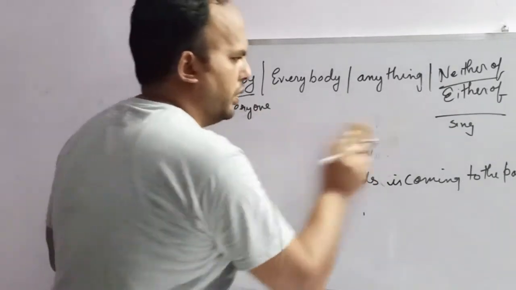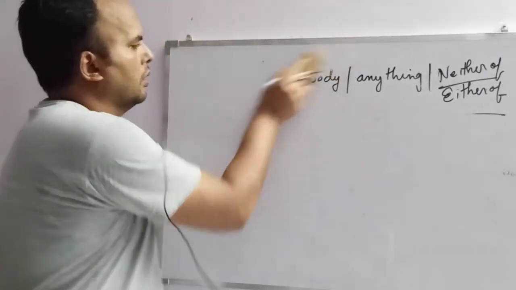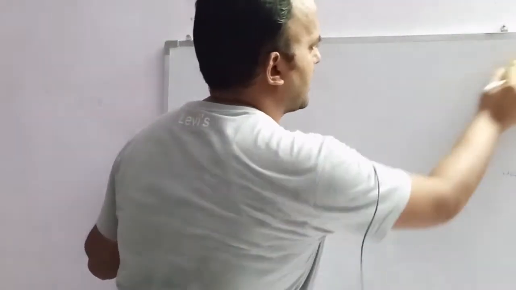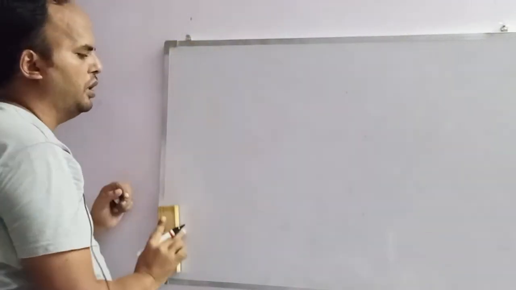Now, next rule. We have studied earlier also that money is countable as well as uncountable in a commodity sense.